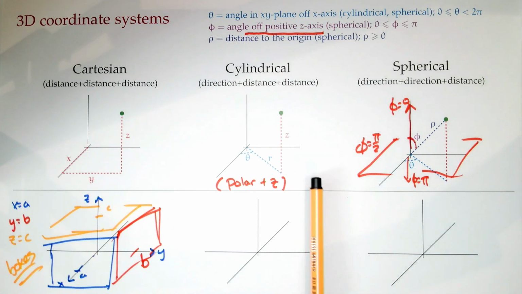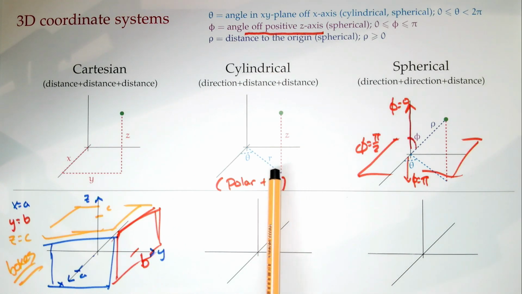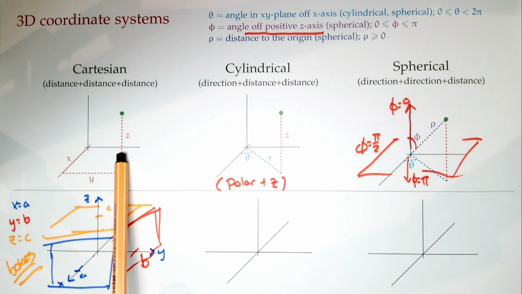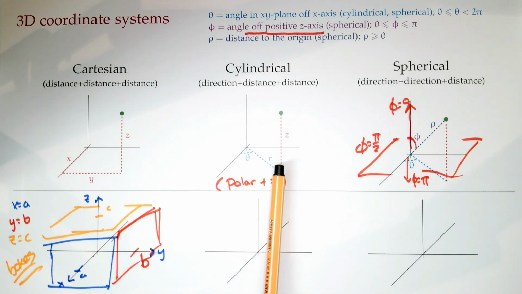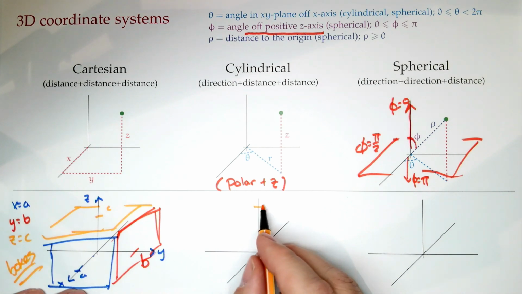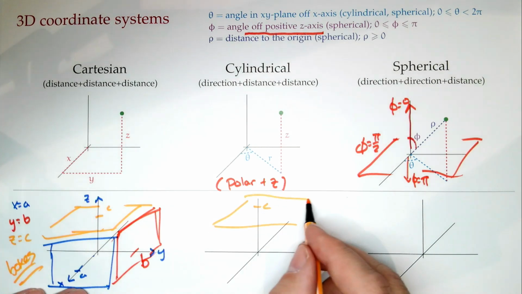Z. The reason I say z is the z that you see in Cartesian is the same z that you see in cylindrical. So in both cases, z measures how far up you go from the xy plane. So whatever z does in Cartesian, you see the same thing happening in cylindrical. So what do you get? You get the same shape. It's a plane.